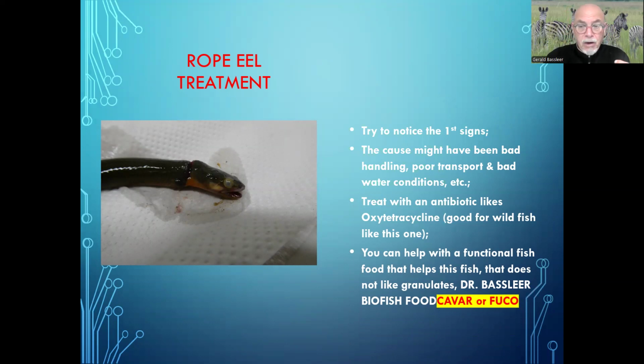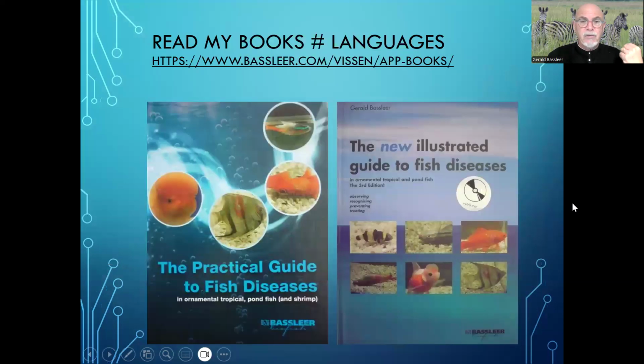That's why we have Cavar, which is a very attractive food that helps the fish to learn to eat granulates. So Cavar is good for these kinds of wild fish like longnose also, or discus that are coming from the wild. You try to introduce with Cavar. That's because it has a high palatability. You also can try to feed with Fuco because that helps controlling bacterial infections.